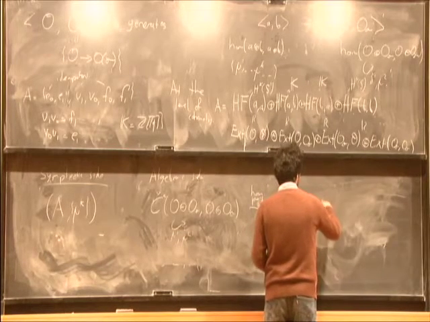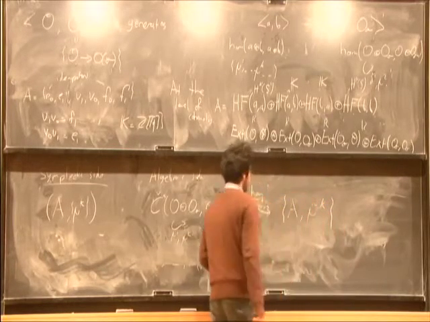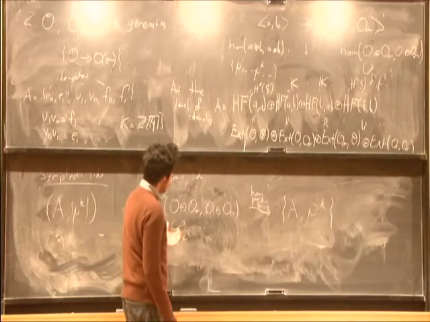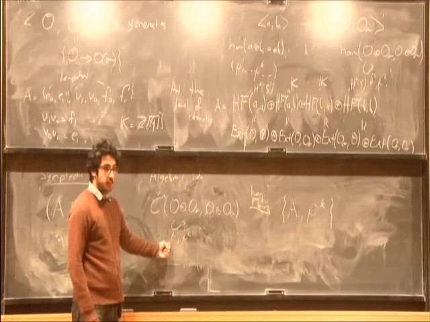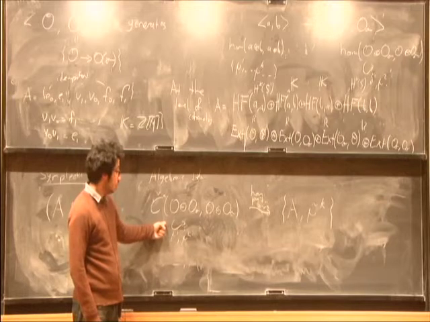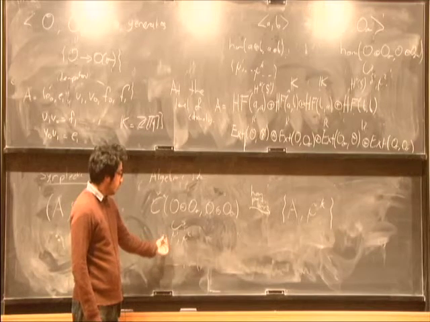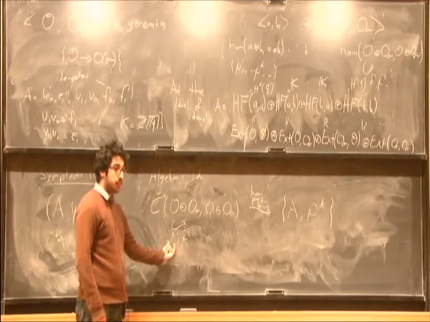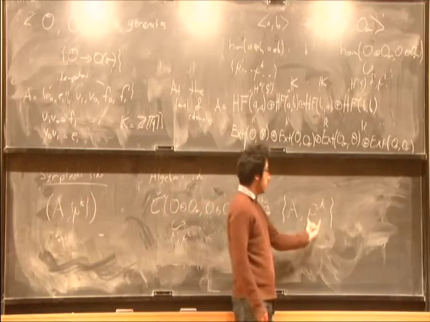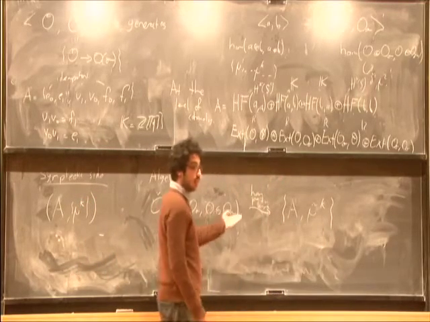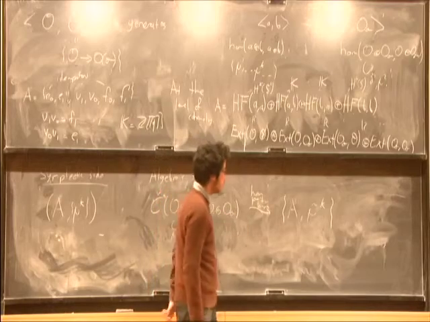So let me denote it like this. What it does is that it takes the cohomology of this DG algebra and then transfers the differential to a higher product, so that this is still a chain equivalence.